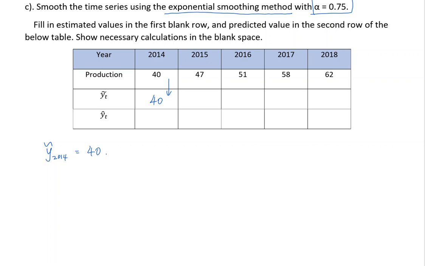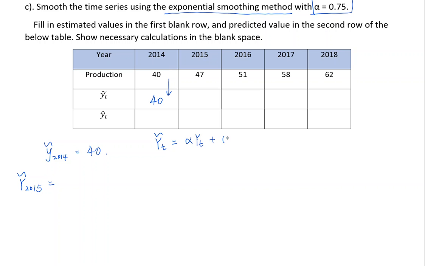All right, and then next, the estimated value of 2015 will equals to, so we say the estimated value of t will equals to alpha times the current value, which is y of t, the current response variable, right?